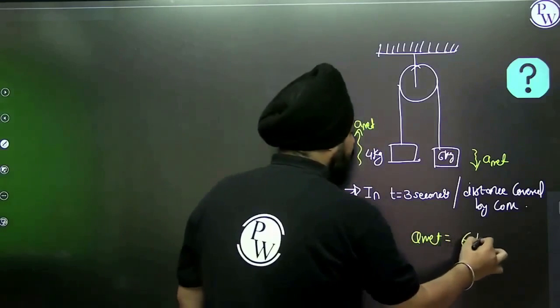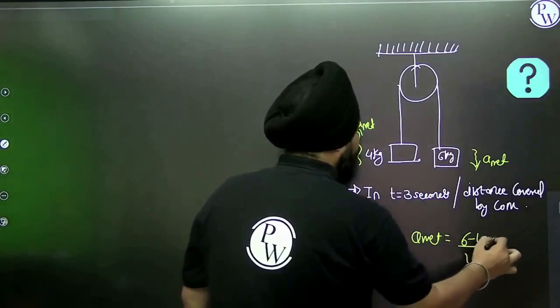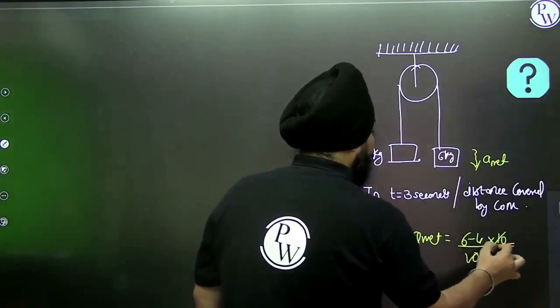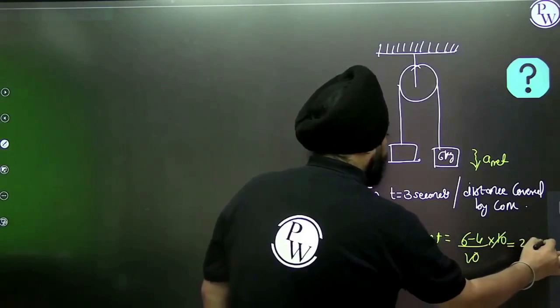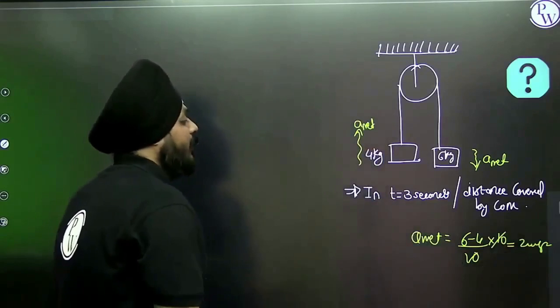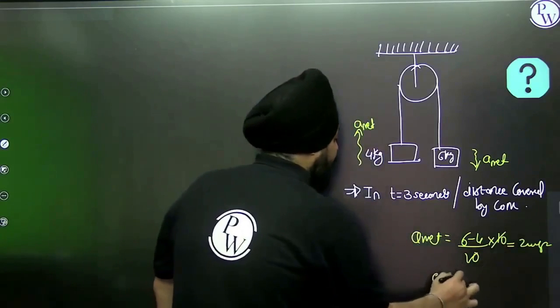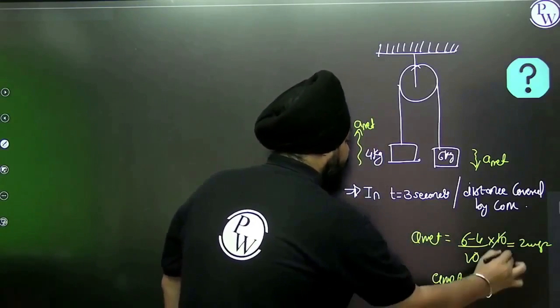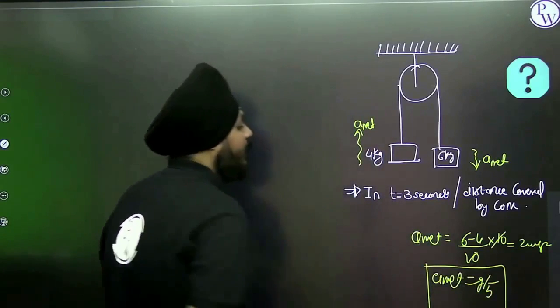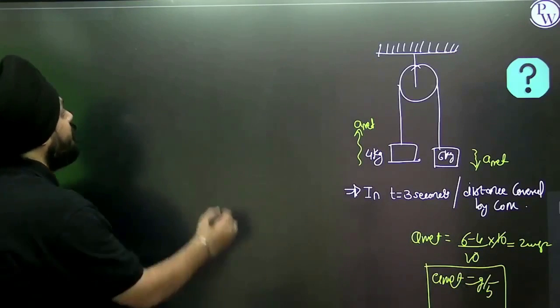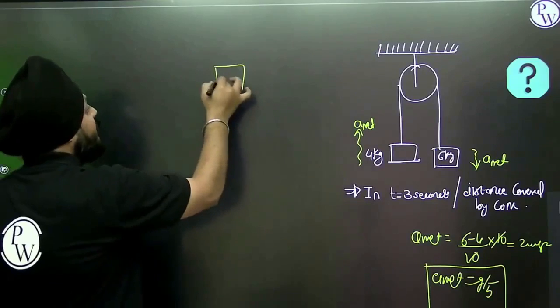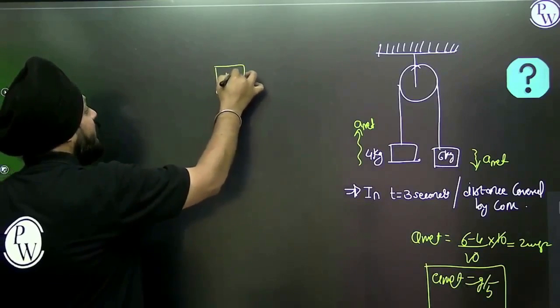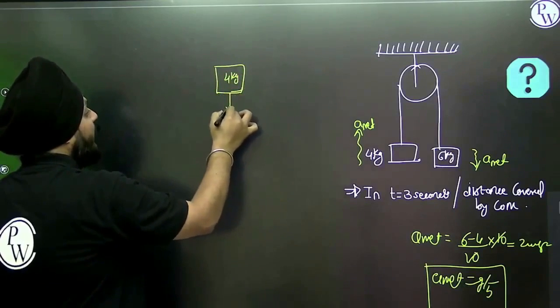That is 6 minus 4 by 10 into 10, so the net acceleration is 2 meter per second square, or you can take it as g by 5. Now, this is 4 kg. It is moving upward, sorry, downward.